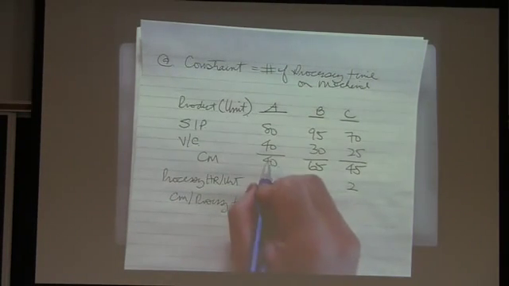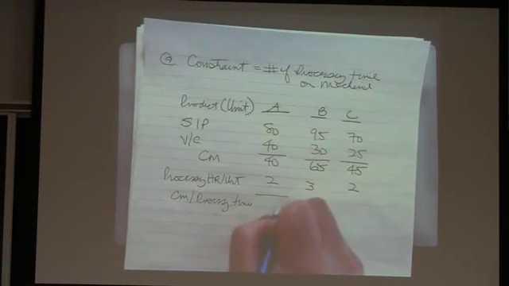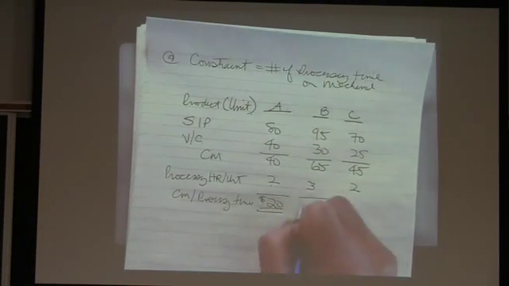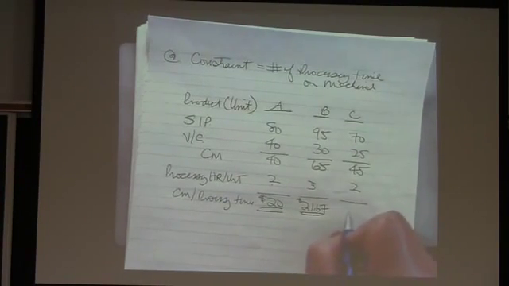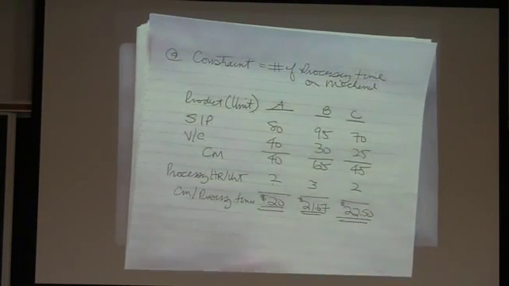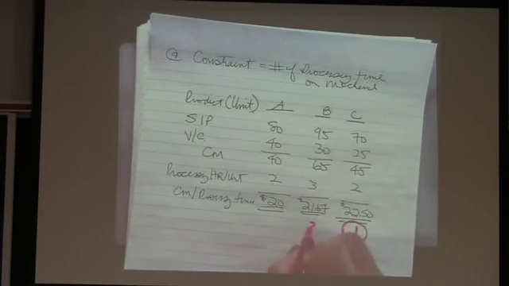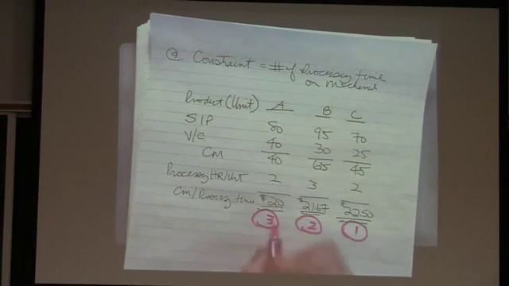And this 40 divided by 2 gives me $20 per unit. This is 21.67. But look at product C, it's 22.50. So the ranking is going to be 1, 2, and 3.